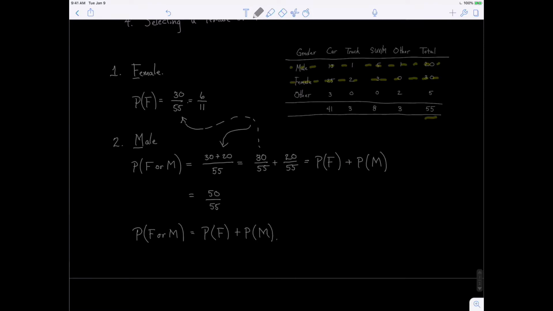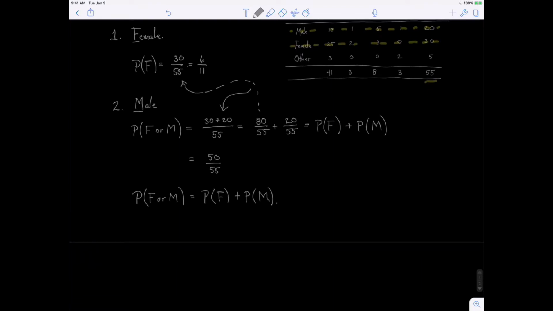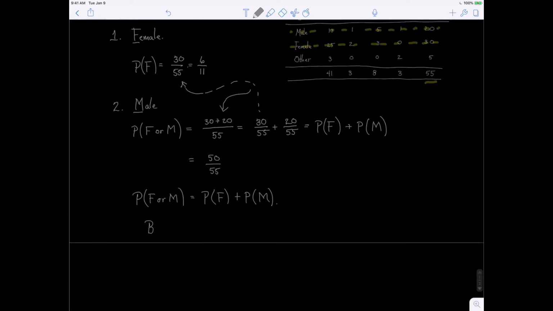Now, there's something that we need to recognize here, and that is this. Being female or male is called mutually exclusive, meaning that you're either one or the other, i.e., one or the other but not both.